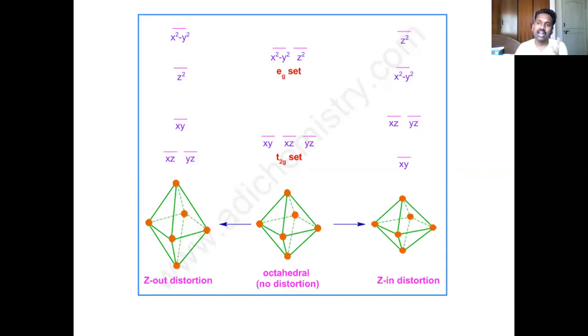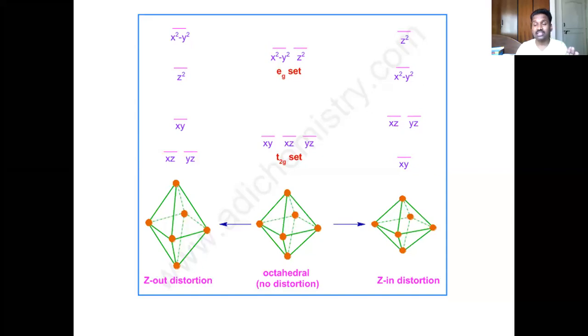So there are 2 types of Jahn-Teller distortions called Z in and Z out. Z in is also called compression. Z out is called expansion. So what happens when Z out happens? It is the case in which your axial ligands move a bit farther away than your equatorial ligands.